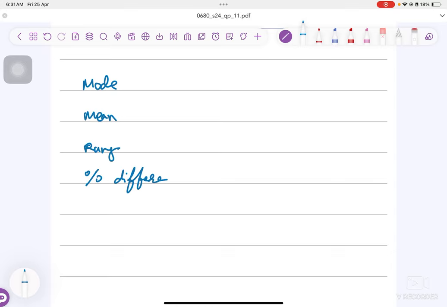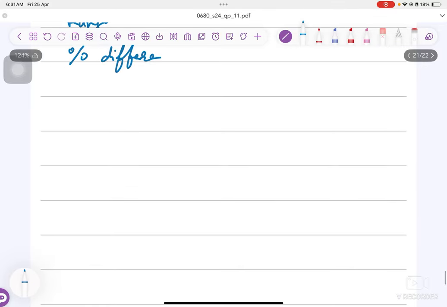Also, pay attention to the mathematical questions or the calculations in the paper. In the question, make sure you spot "write" into sig figs, okay?